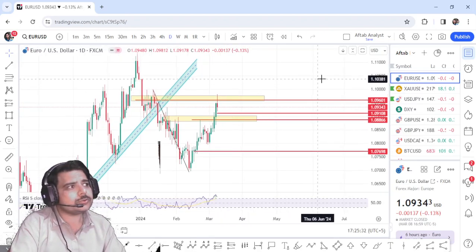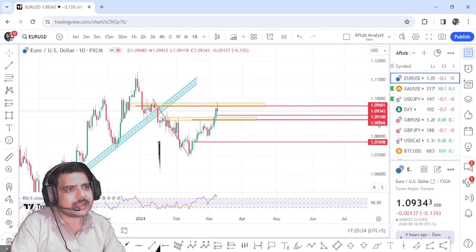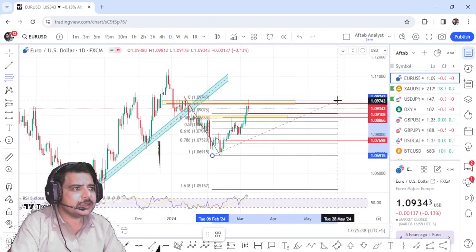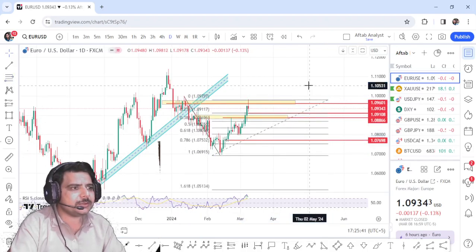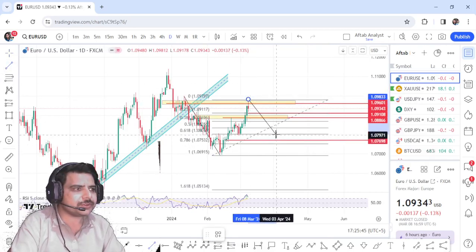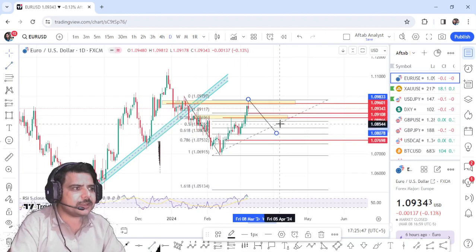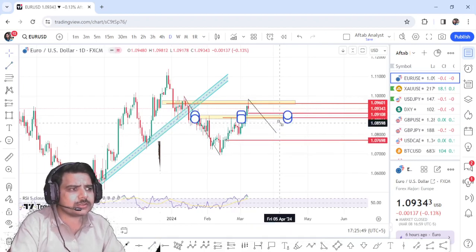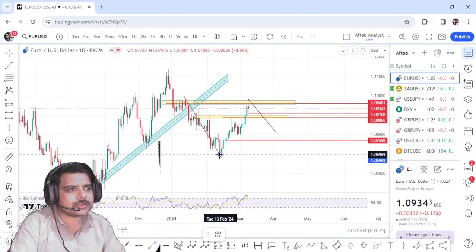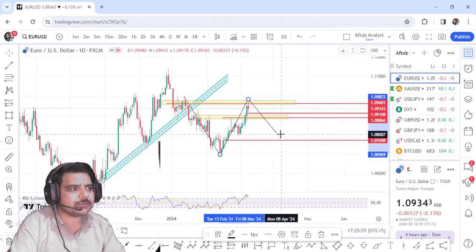For this particular analysis of the euro US dollar, what I'm going to see is the market will be coming back down towards the 61.8% retracement, and this is not a very strong level, I should say, because the impulsive leg is not too strong. That's why this 61 may not be very strong.